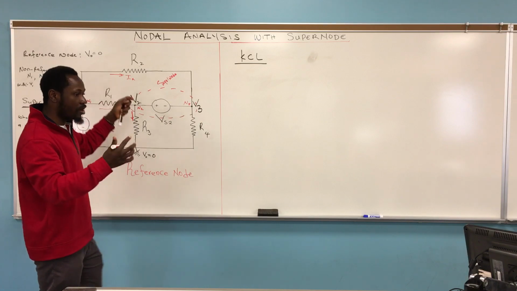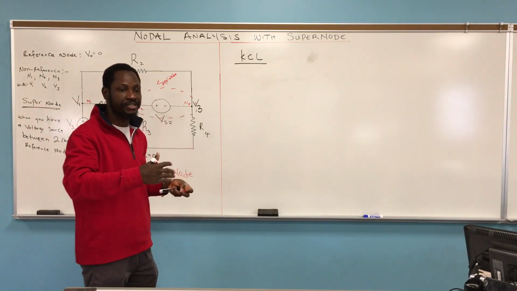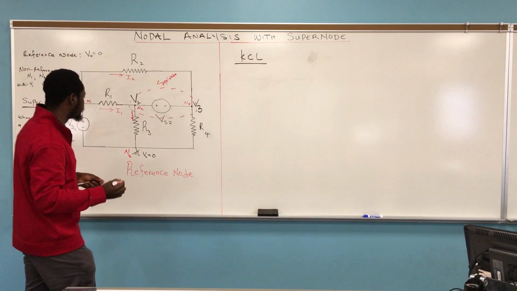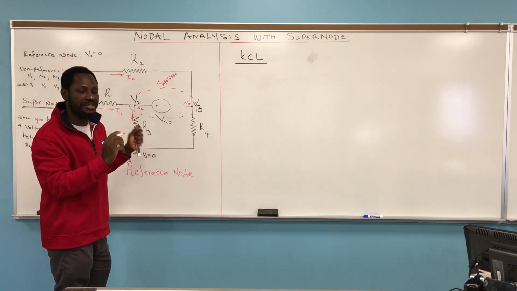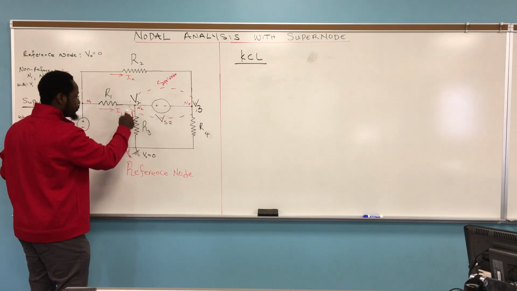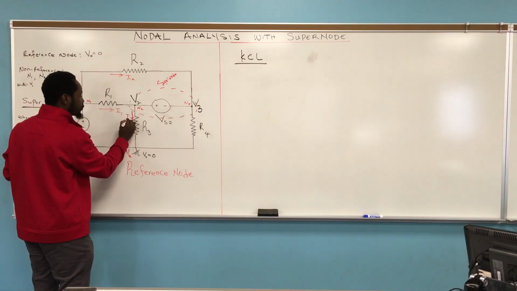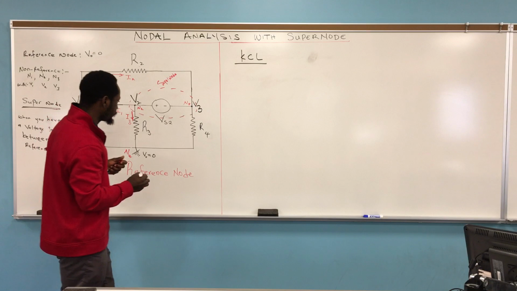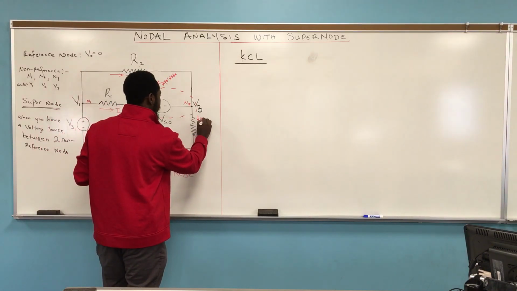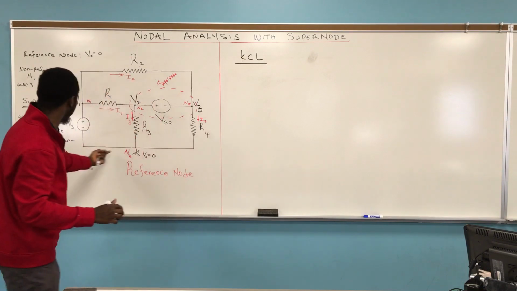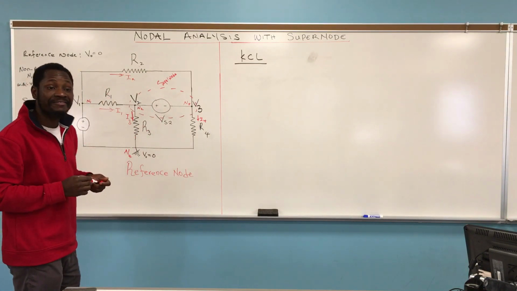Because current moves from higher potential to lower. And you can decide to choose any direction. It doesn't really matter. But I'll maintain that direction, so I'll call this I3. And then same thing here, I4. Now I don't care about this branch because I don't have a resistor there.